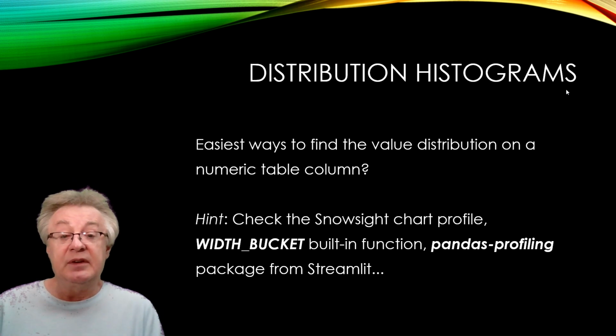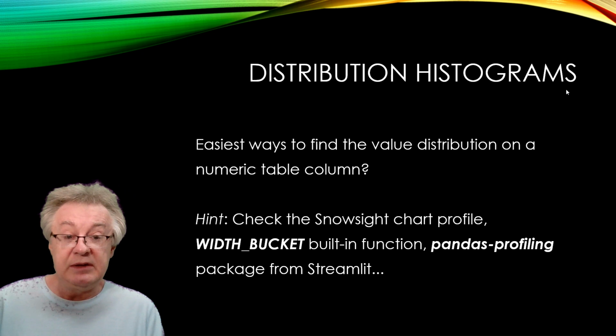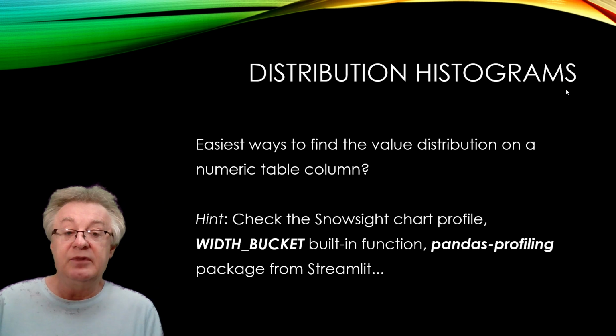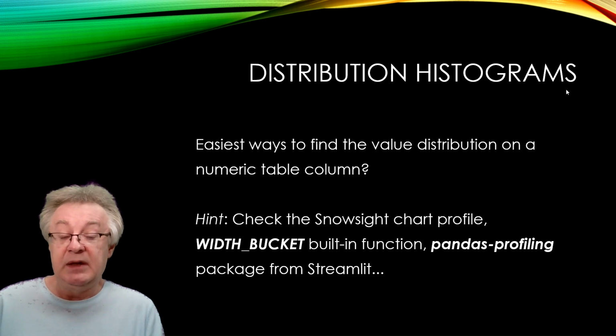Distribution histograms. Easiest ways to find the value distribution on a numeric table column. Not many people know about it, but if you build a chart in the Snowsight web UI for numeric values, you have an instant chart profile. It will give you a histogram with the distribution of the discrete numeric values in a specified column.